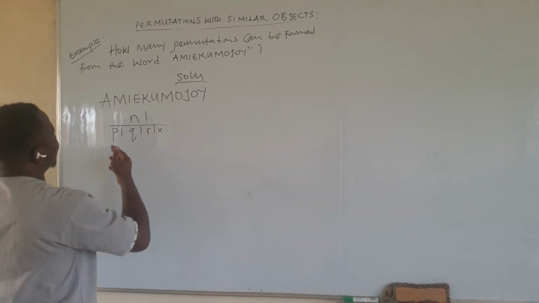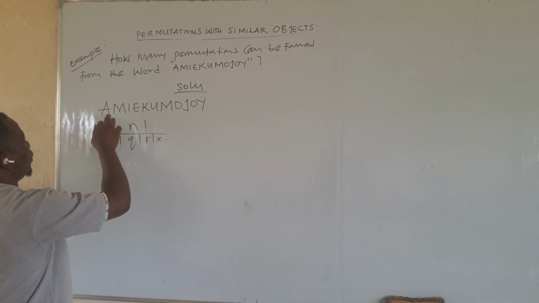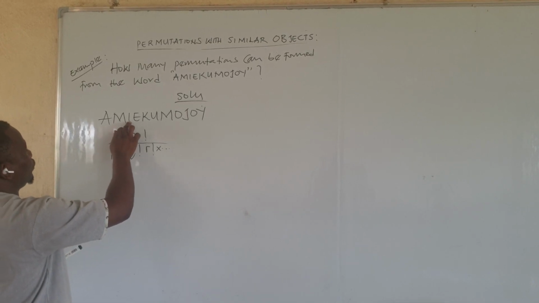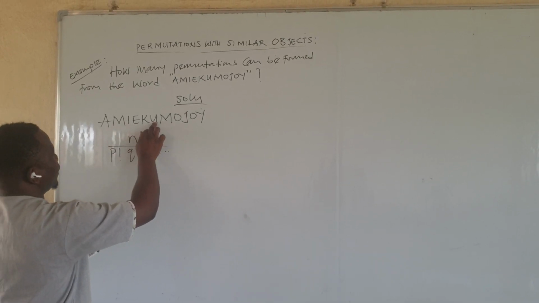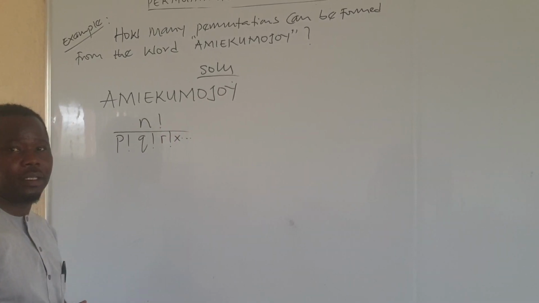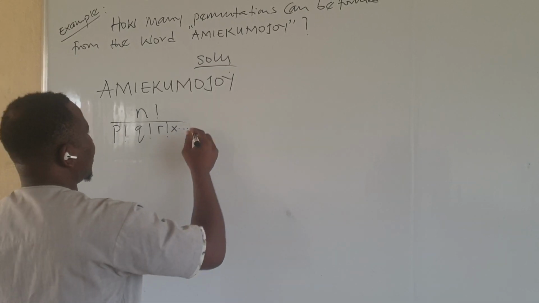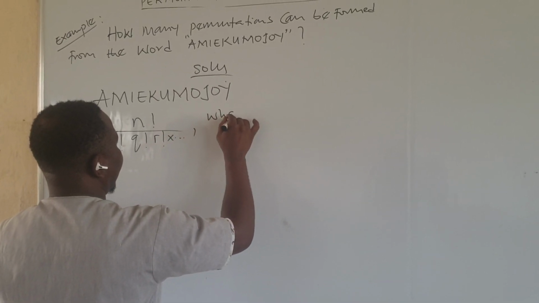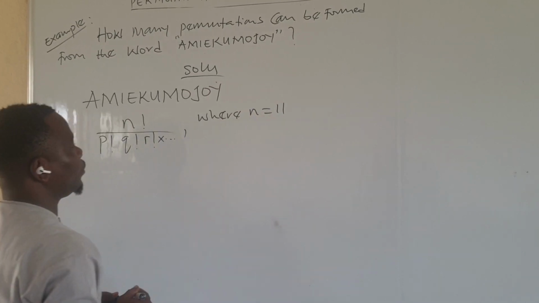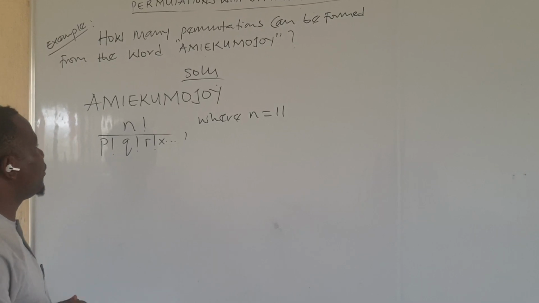It is for us to count the letters contained in the word Amiakumo joy. So let us count: 1, 2, 3, 4, 5, 6, 7, 8, 9, 10, 11. So if you agree with me, it means n equals 11 letters, alphabets. Is that clear?